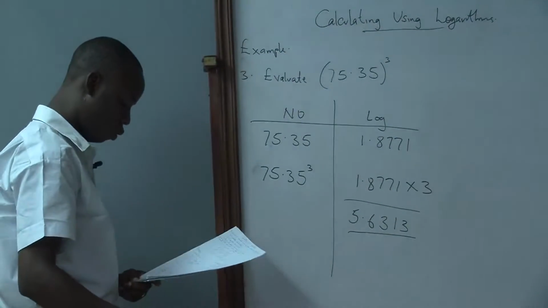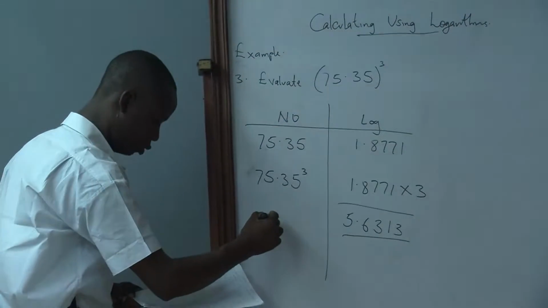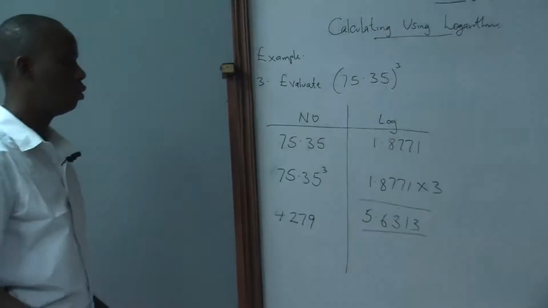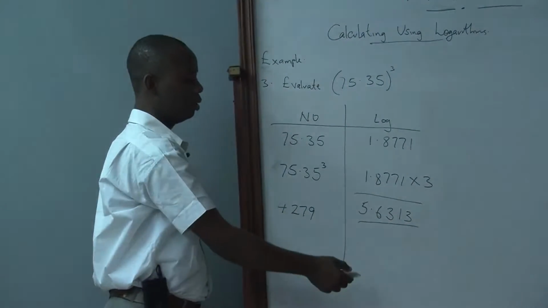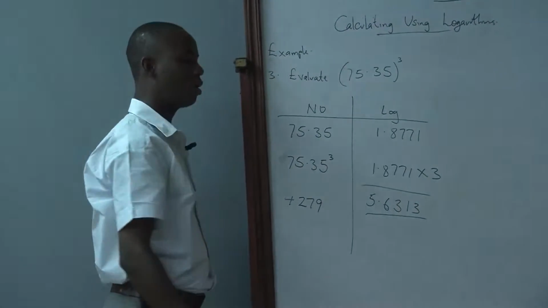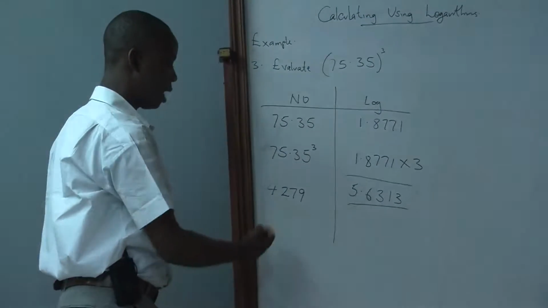That equals 4279. Column 0.63, row 1 plus whatsoever we have under difference of 3. That gives us this. But then that is not the final answer.